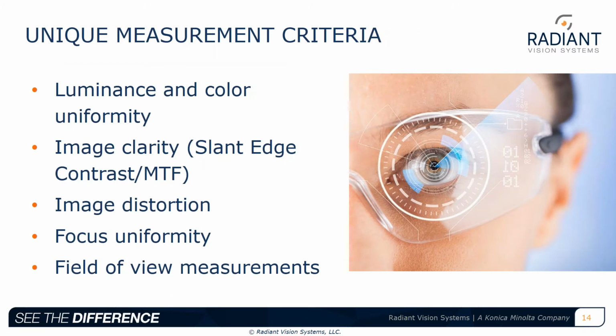What kind of measurement criteria might someone want to analyze with these types of systems? Luminance and color are definitely of interest. Image clarity is kind of a big one.